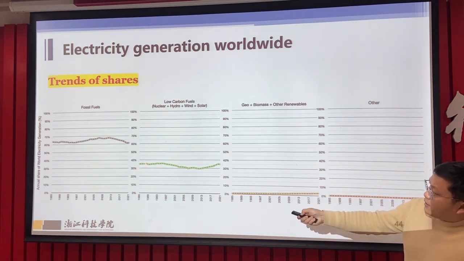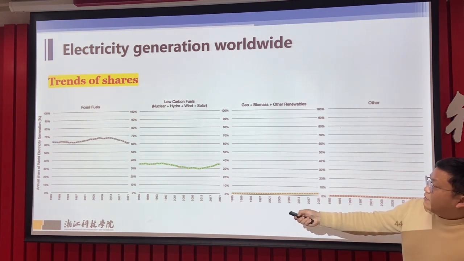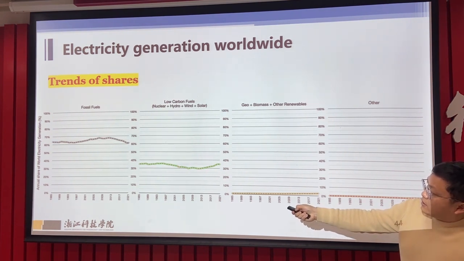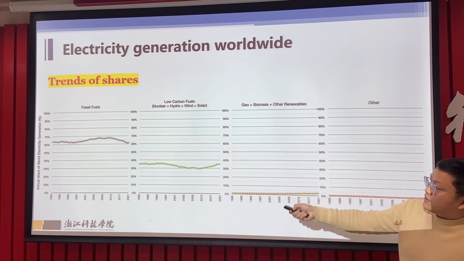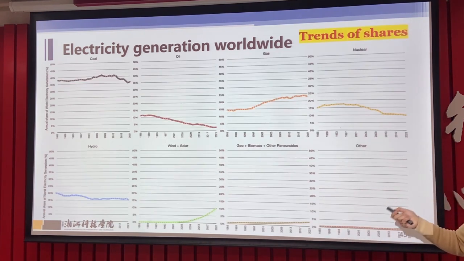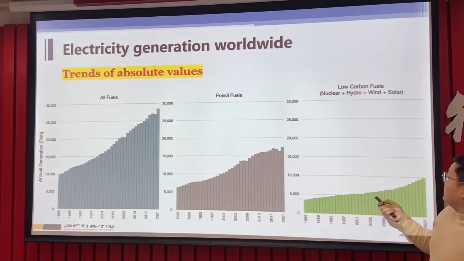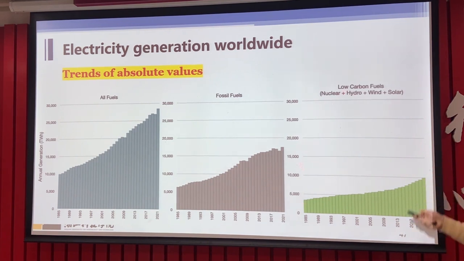It's quite steady, between 30% to 40%, and even there is a decrease here in 2000 and 2009. There is a decrease here, but for the absolute amount, we can see the electricity generation from the low carbon fuels increased gradually in the past 30 or 40 years.